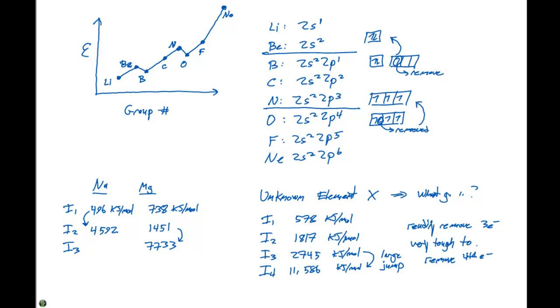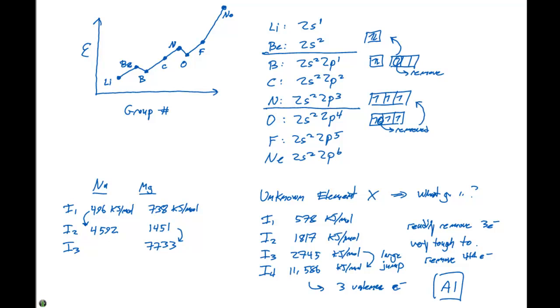So this means that this unknown element has 3 valence electrons. So it's most likely that this element is in group 3.